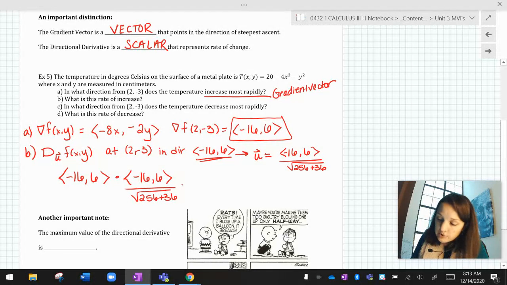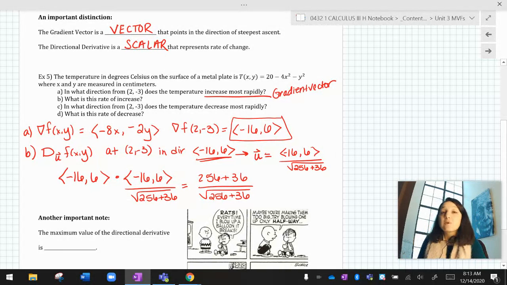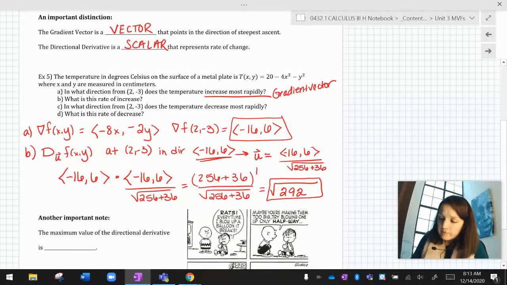Okay, and so if I do that, when I dot these, I would get 256 plus 36 divided by the square root of 256 plus 36. Well, if I take something to the first divided by something to the 1/2, I really just get the square root of 256 plus 36, which is what, 292? That's how fast the temperature is increasing.